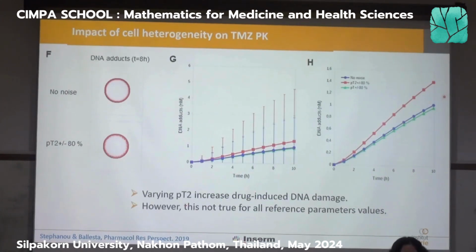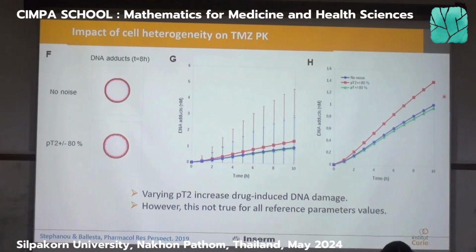There are cases where the red curve can actually go below the blue curve. So the result that heterogeneity in efflux increases damage is very dependent on the reference parameter that you take, so PT2. And this is important because if you don't have a good idea of your kinetics parameters, you may actually conclude something that is completely wrong, because those models are very sensitive to parameter values.